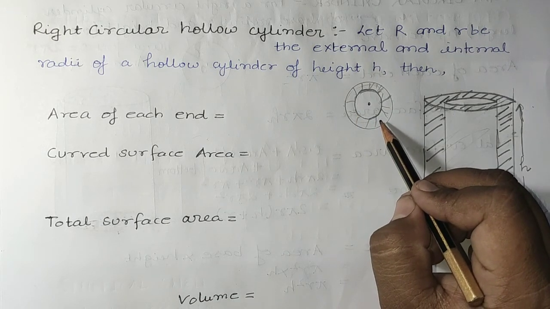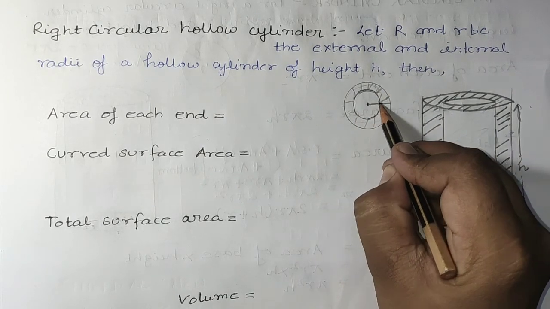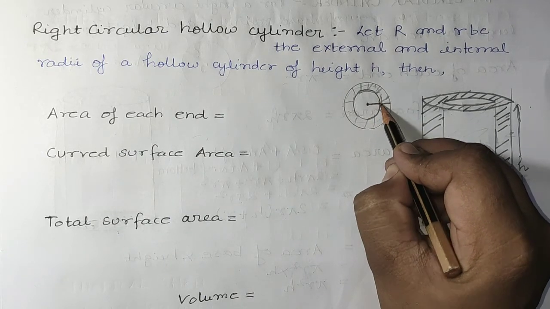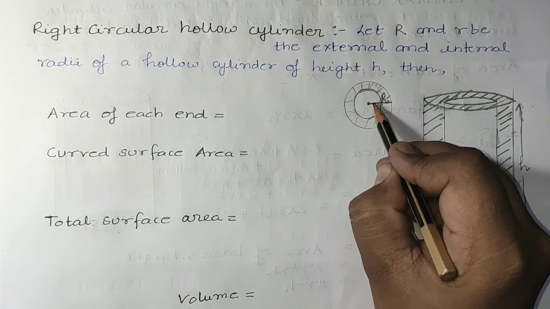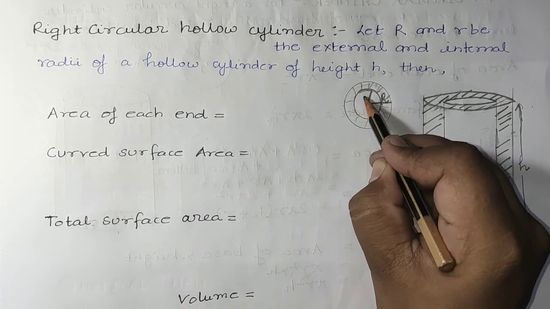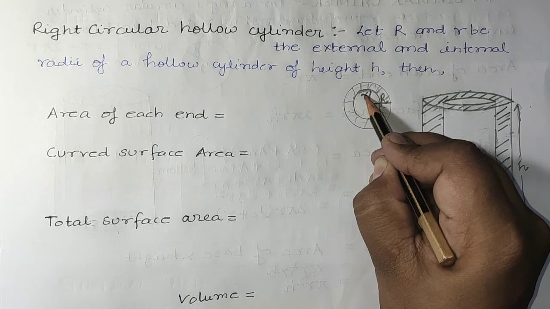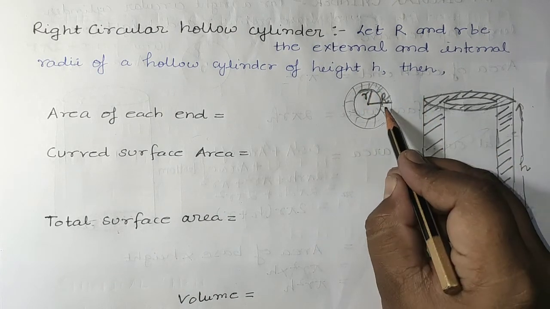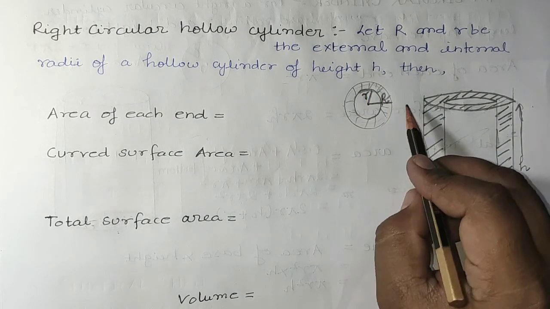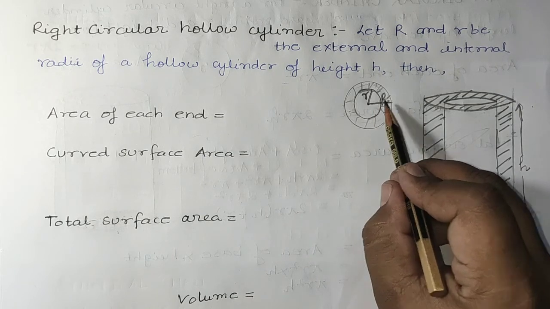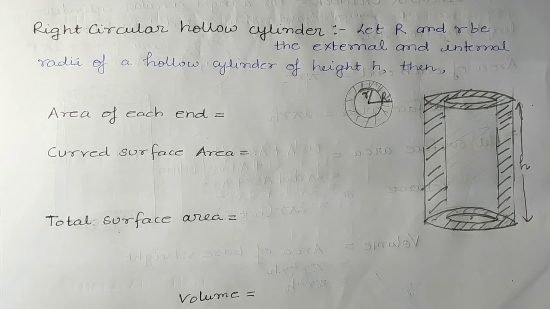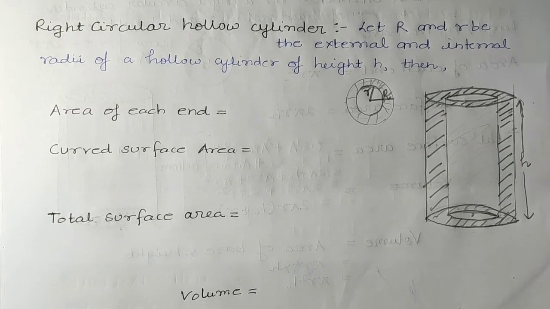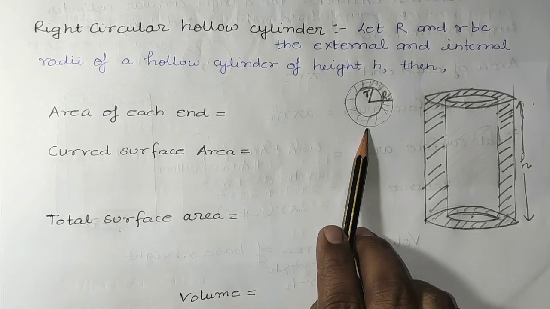In a ring two radii are there. One, the capital, the larger one, we have denoted by capital R, and the smaller one we have denoted by small r. Now, what will be the area of each end? What is the area of a ring?